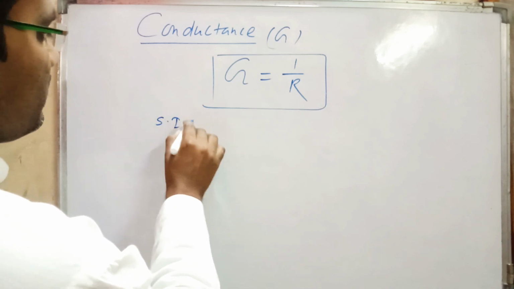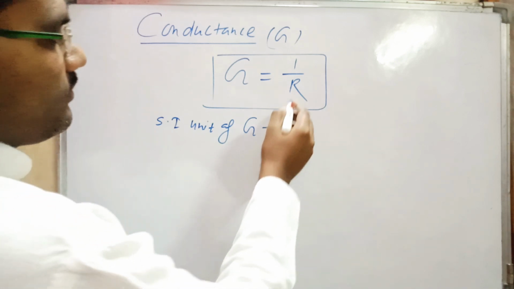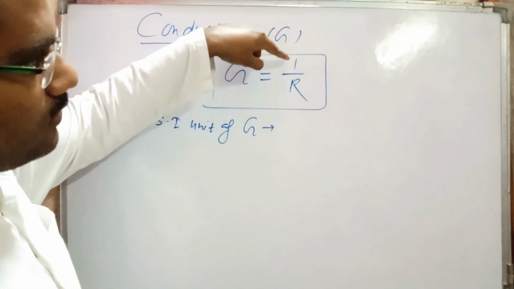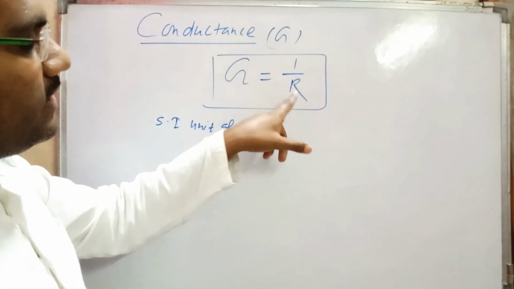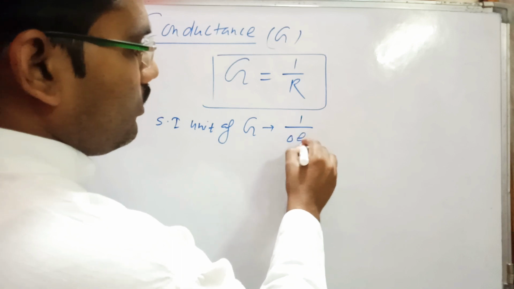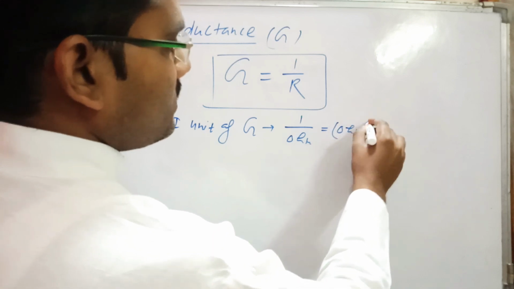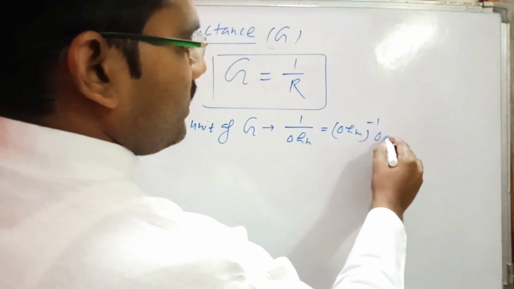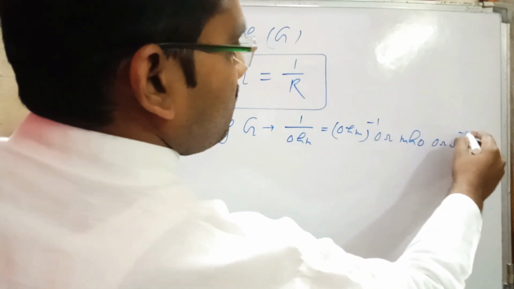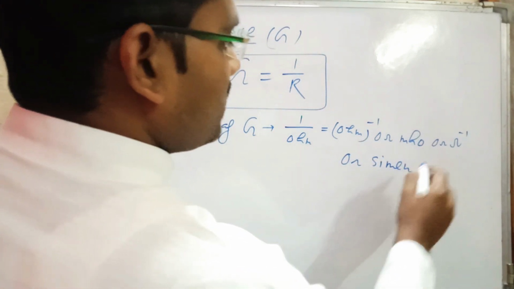What is the SI unit? The SI unit of capital G is 1 upon R, and the unit of resistance is ohm. That means here 1 upon ohm. This is known as ohm inverse, or it is also known as Mho, or it is Siemens.